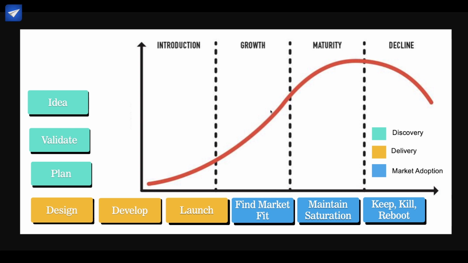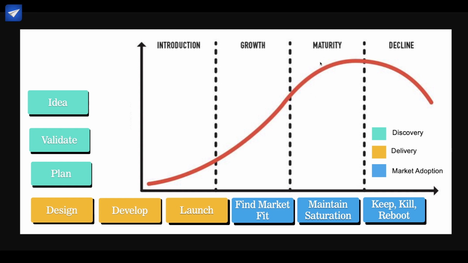Once you're in growth, all the startup companies, the unicorn companies, are in the growth stage, growing very rapidly. And then all the big MNCs are in the maturity phase, all these Amazons, Microsoft, Apple.